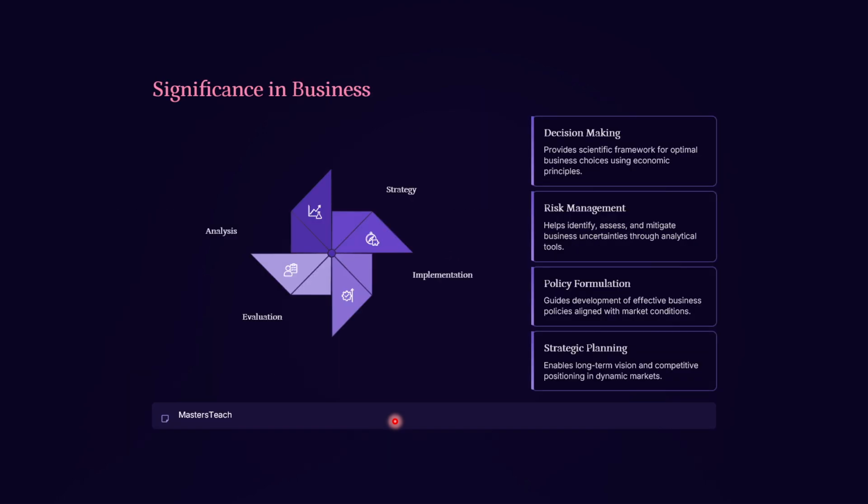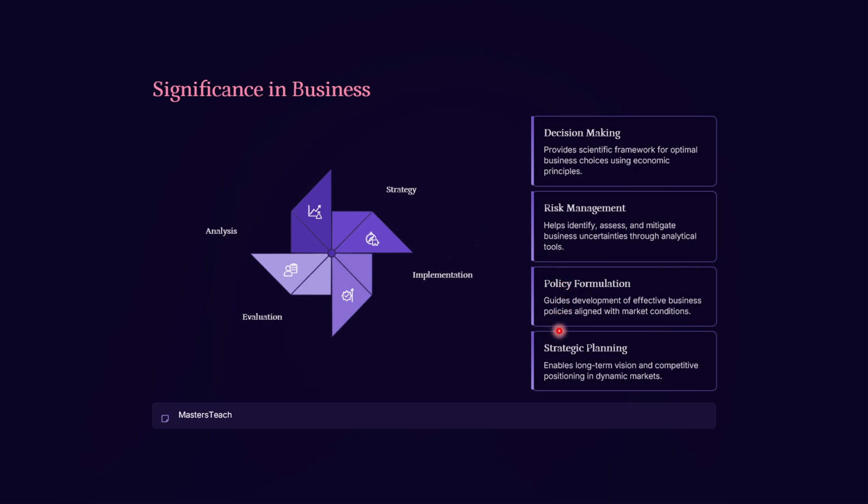Then the significance in business: why managerial economics is required for decision making. For example, a business has to choose the best decisions, and for that this is required. Then risk management, to help identify and examine uncertain things, which is the reason we use business economics.